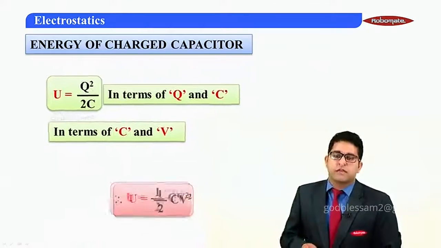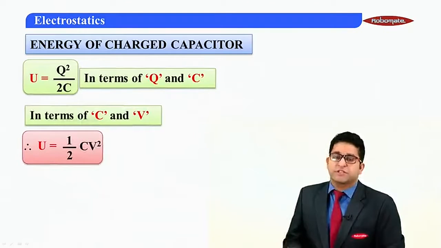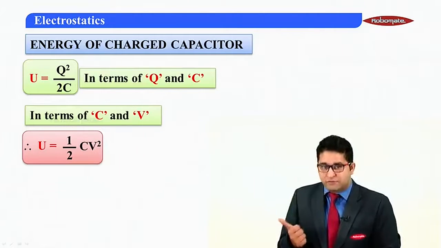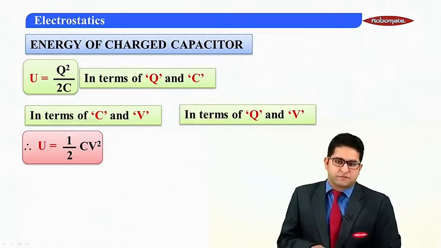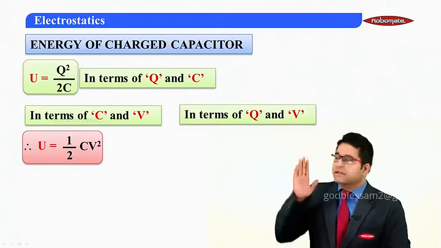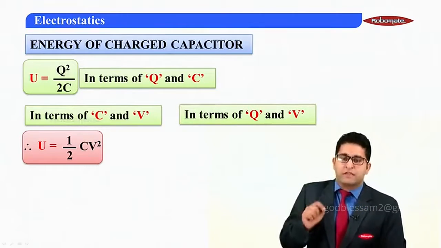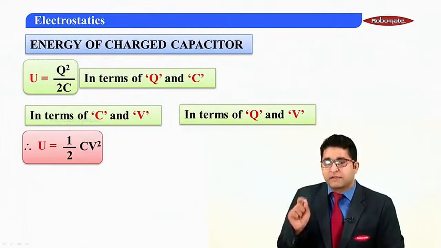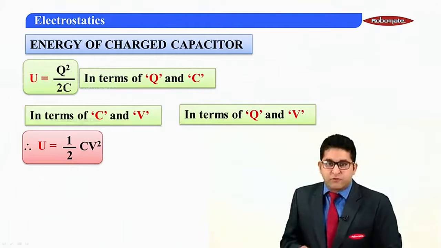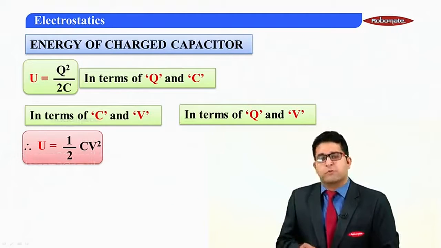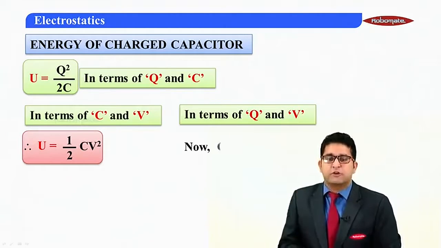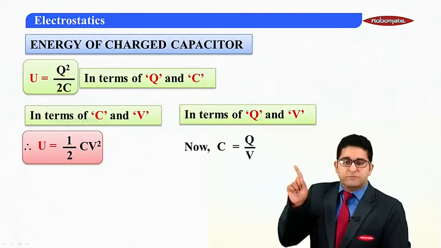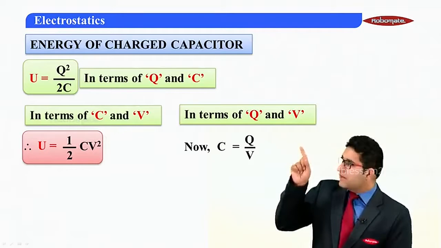So this is the expression for energy stored in a charged capacitor in terms of C and capital V. Now let us write this expression in terms of capital Q and capital V, that is in terms of charge and potential difference. To do this, I need to replace capital C, which is capacitance. Do you know the basic formula for capacitance? Yes, C is equal to capital Q upon capital V. Now I'll put this value of Q upon V in the above expression.